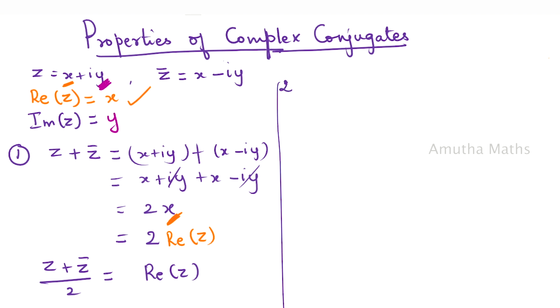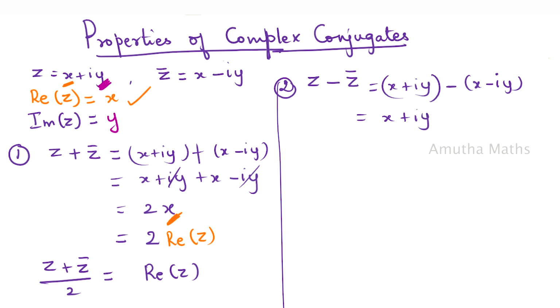So the second property is z minus z bar, which is equal to x plus iy minus x minus iy. Okay. So this is equal to x plus iy minus x plus iy. So these two get cancelled. So we will be left with 2iy.